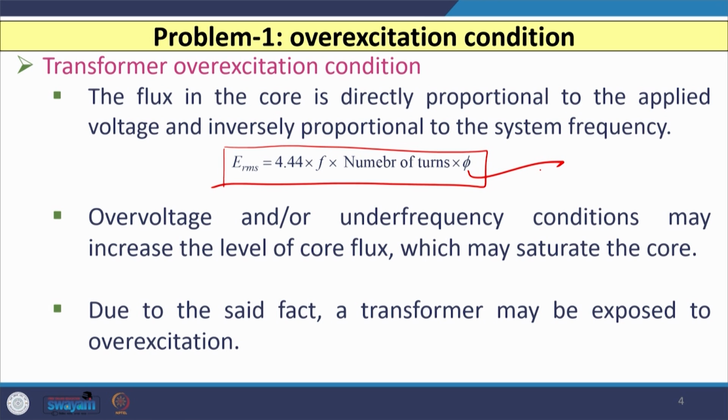So, if there is an increase in voltage, as in an over voltage condition, or a reduction in frequency, or both over voltage and under frequency, then the level of flux inside the transformer increases and there are fair chances of saturation of the transformer core, and because of this the transformer may be exposed to an overexcited condition.